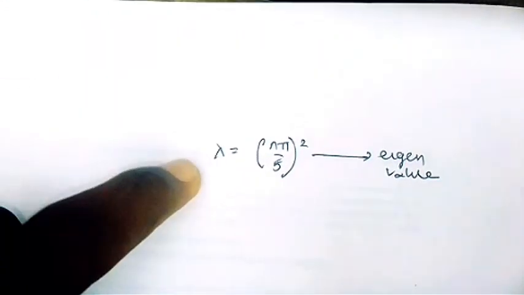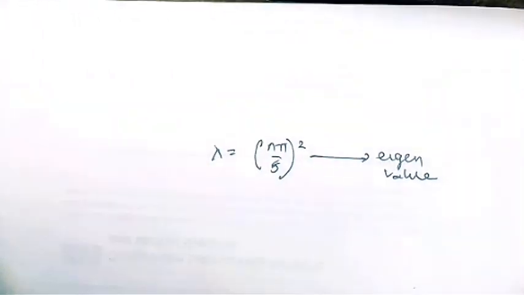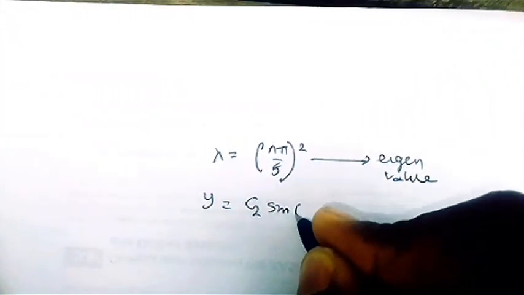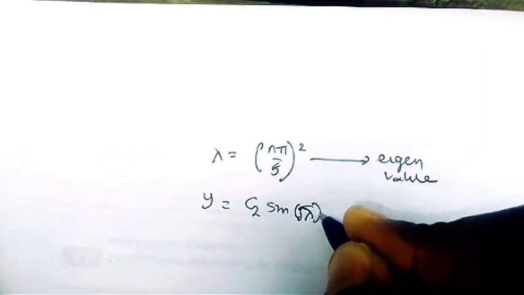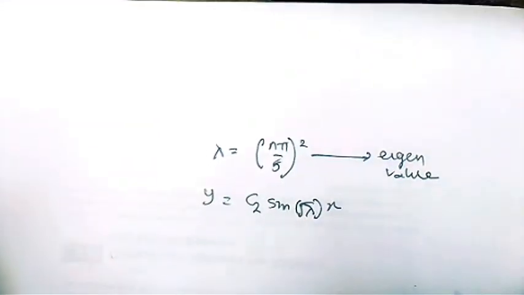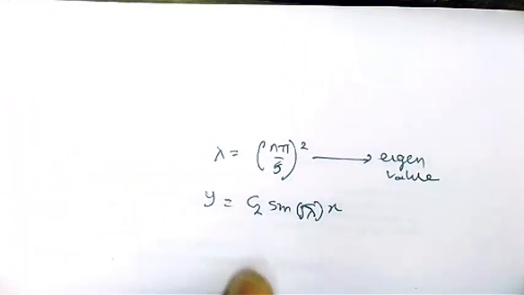We use this to find the original solution, which was y is equal to c2 sine square root of lambda x, before we substituted when x is equal to 5 to get our eigenvalues. This was the original second solution we had.